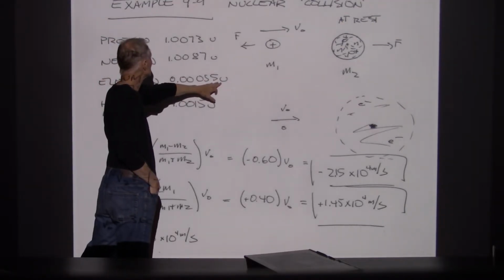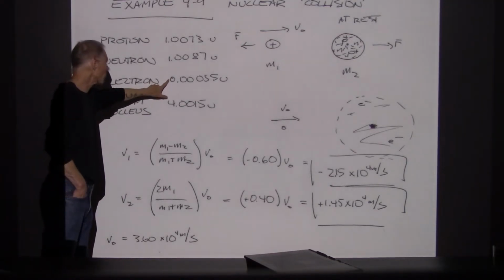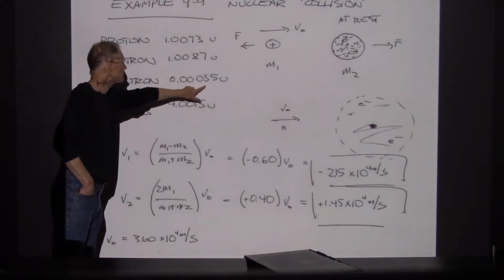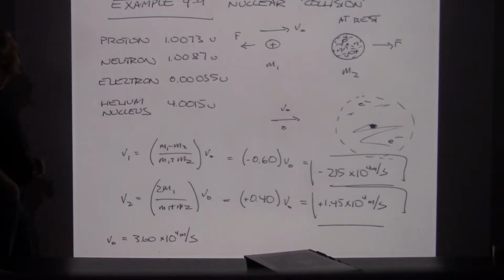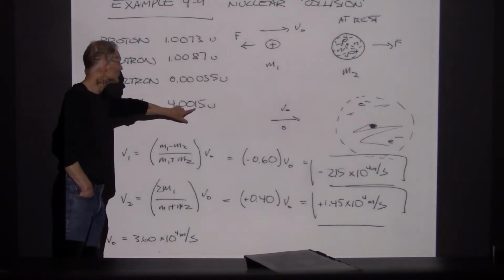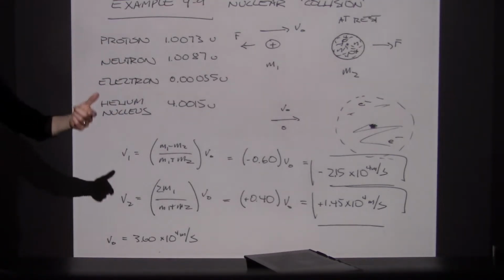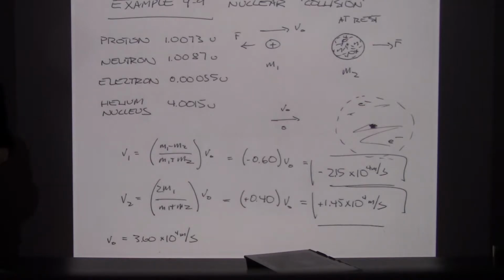It's much less mass. And then the helium nucleus has a mass of 4.0015. So I just wanted to point out a few more sig figs so you can get a feel for what these nuclear masses look like.